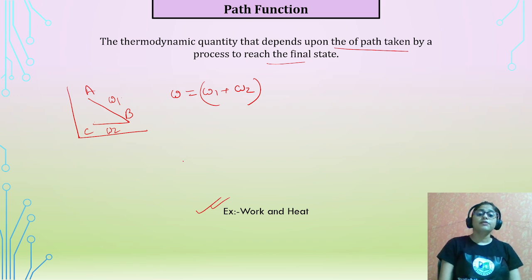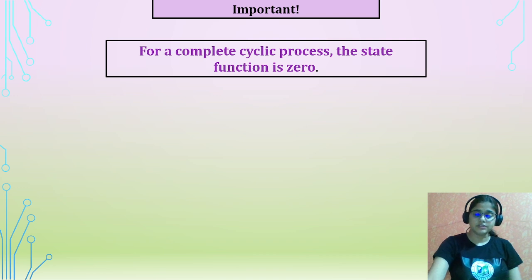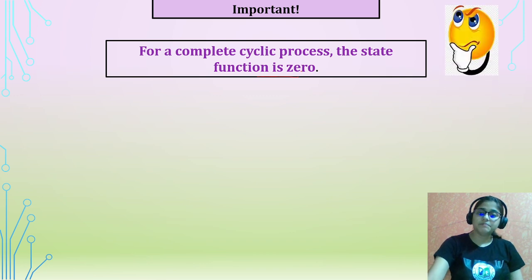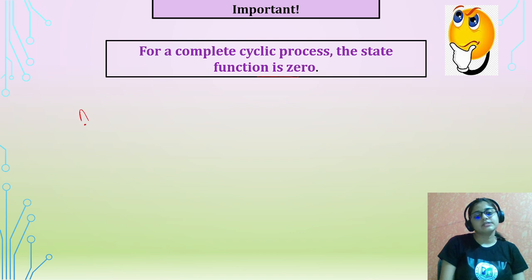Okay, so now we are considering a cyclic process. Important: for a complete cyclic process, the state function change is zero and the path function will be non-zero. Let's take an example. Let's say a process starts from A and comes to A again.